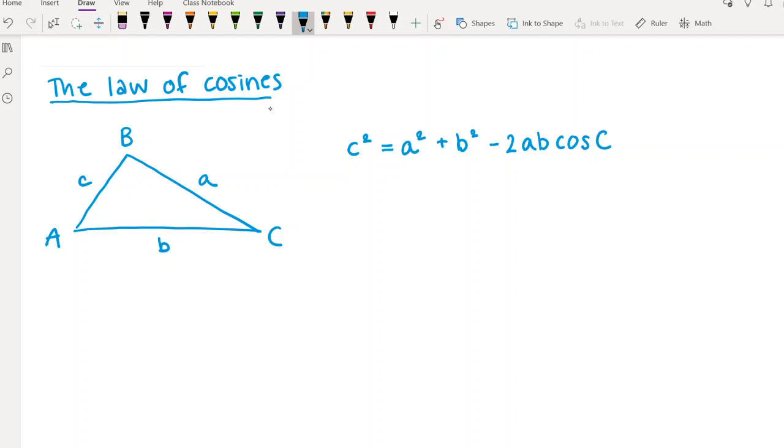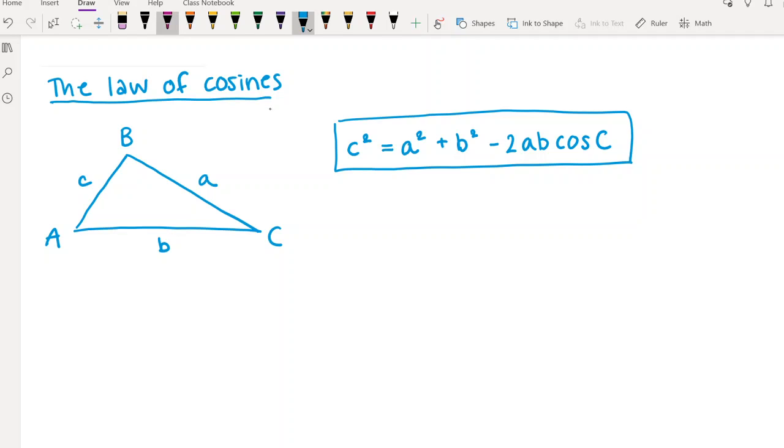One thing I want to mention is that most people will remember the law of cosines in this form, but depending on what sides and angles you know, you might not want to use it in exactly this form. The same exact relationship exists no matter what side and angle you're focusing on.